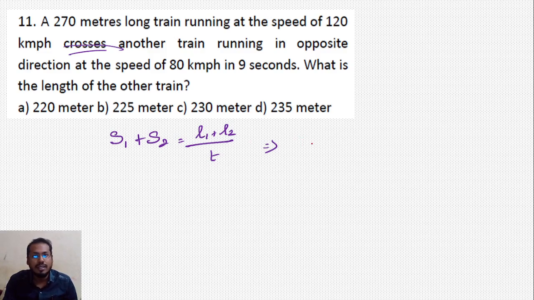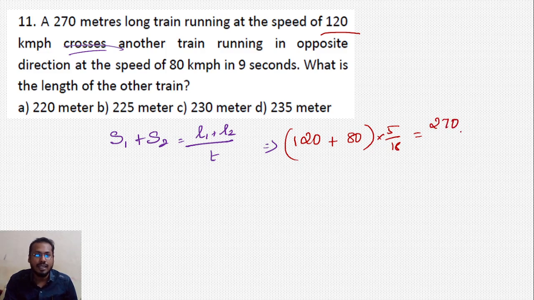Another train speed is 120. 120 plus 80 into 5 over 18 is equal to the length of the train, 270 meters, and another one I need to find, L2, over 9 seconds. Correct. So this is the equation. Just find out the L2, you will get the answer. For the 11th question, 230 meters is the right answer.